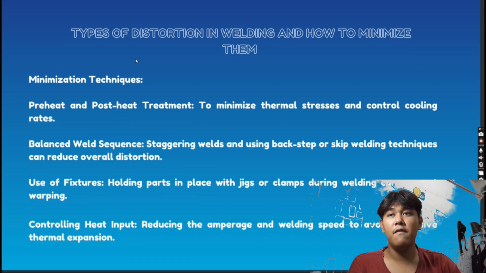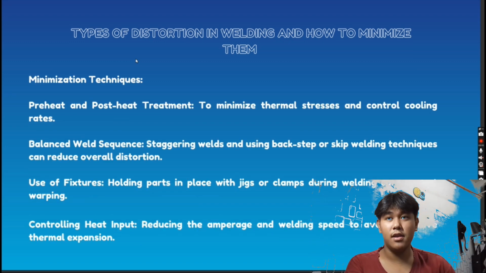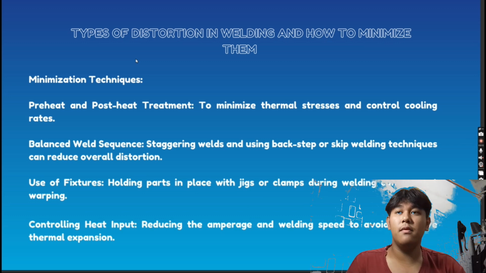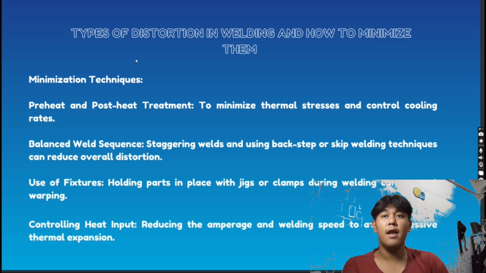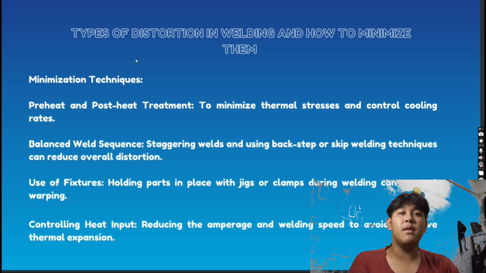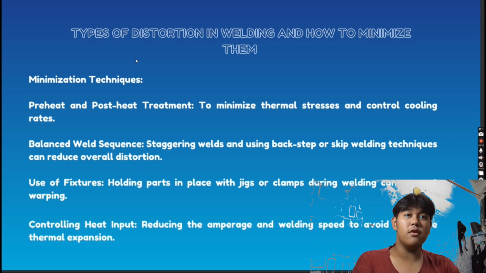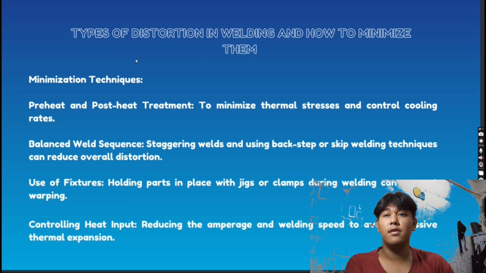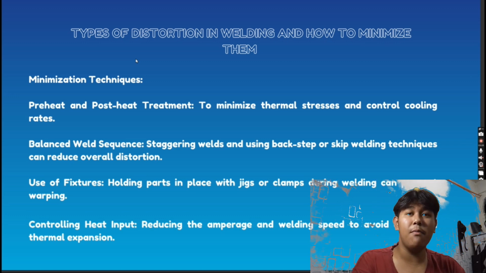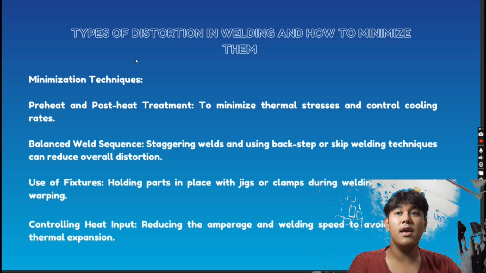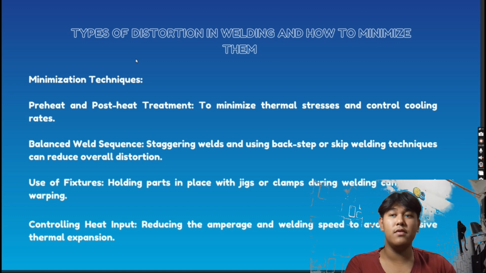Here are some of the minimization techniques. The first one is preheat and post-heat treatment to minimize thermal stresses and control cooling rates. Second is balanced weld sequence, where staggering welds and using backstep or skip welding techniques can reduce overall distortion.